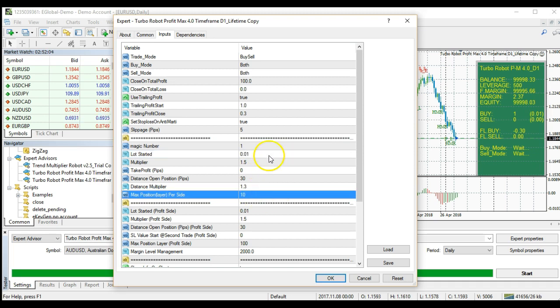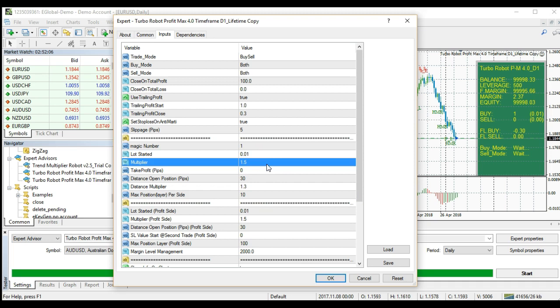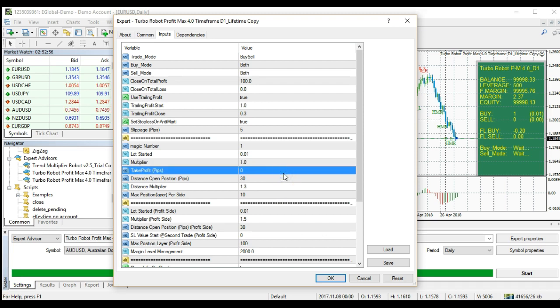What will be next? In order for you not to use the martingale portion, you can put the multiplier as 1. Once you have a multiplier of 1, take profit is up to you.